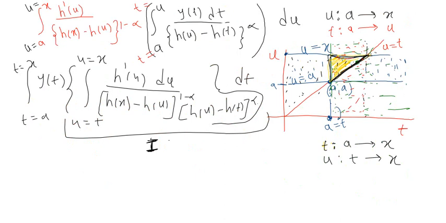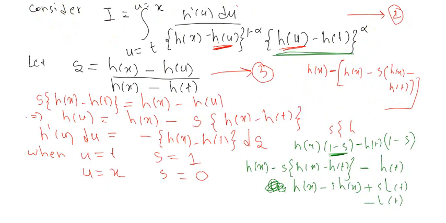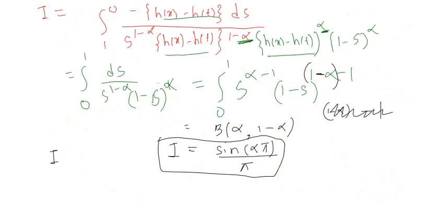Here, because then that alpha is not becoming proper here. Yes, this beta alpha comma 1 minus alpha is this. What is that? Pi divided by sine of alpha pi. Okay. Yes, I made a mistake here.